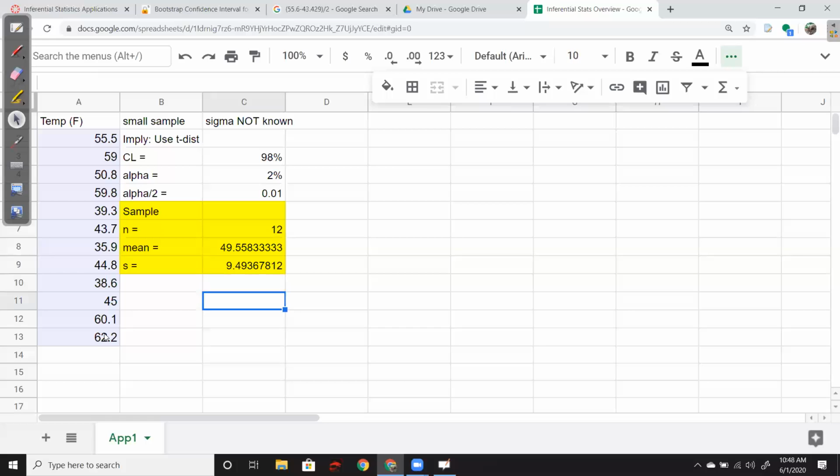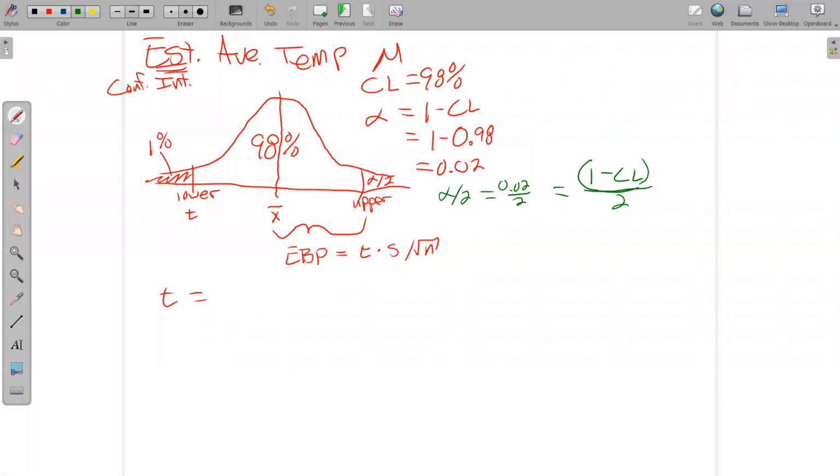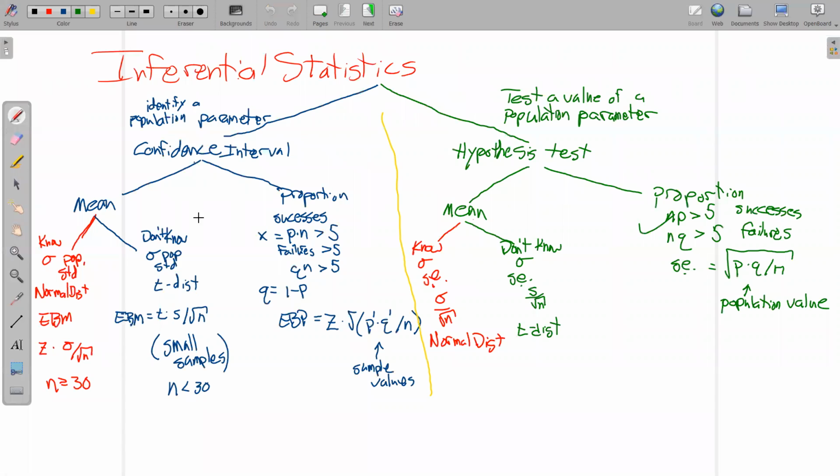Okay, all right, so then for the sampling distribution, I need to calculate what we call the standard error, which is a standard deviation. And back to my flow chart. The flow chart says that's this value right here.